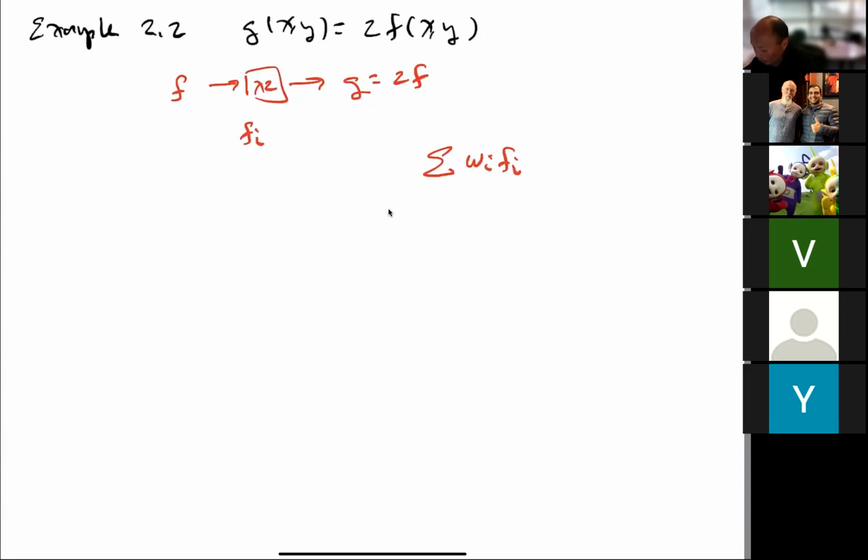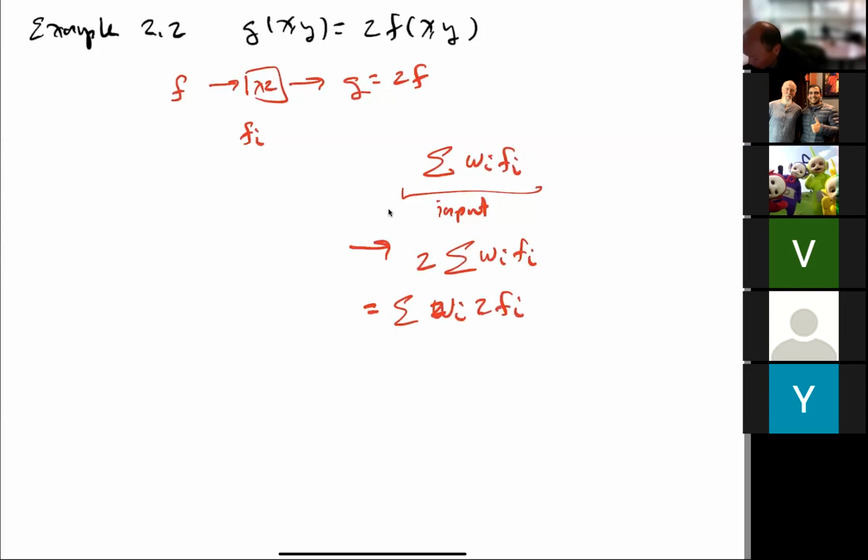If this is my input, then my output would be 2 times the sum of w_i f_i, and this could just be written as 2 times w_i f_i.